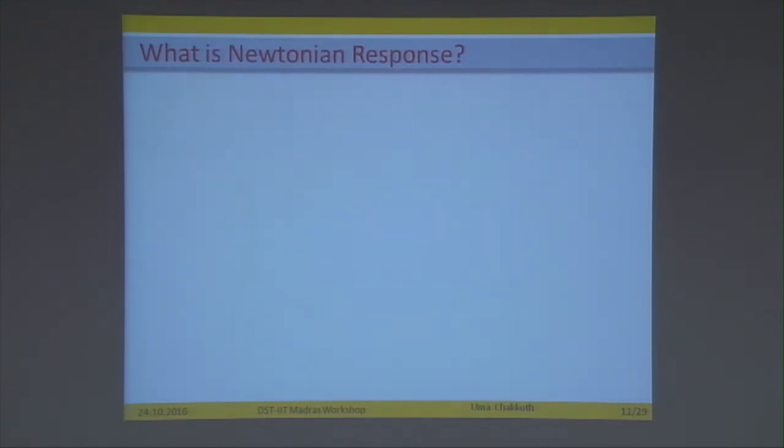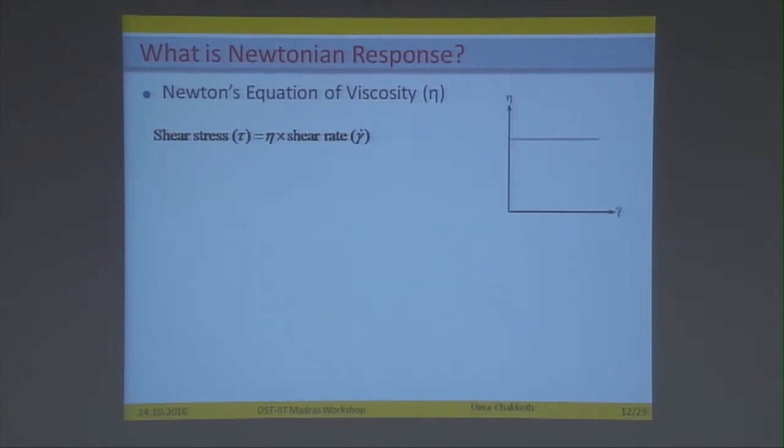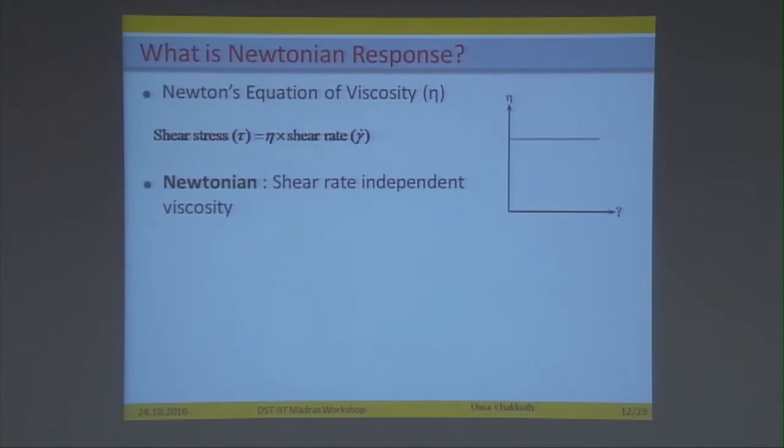So what is this Newtonian response or non-Newtonian response? If I have to rephrase Newton's equation of viscosity in terms of shear stress and shear rate, we can say that when shear stress is directly proportional to shear rate, the viscosity remains constant. If the material shows shear rate independent viscosity, it is said to be exhibiting a Newtonian response.